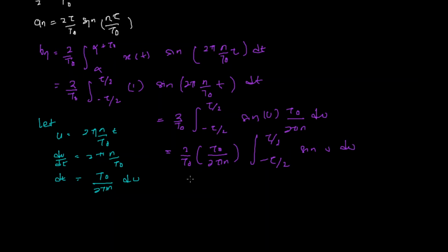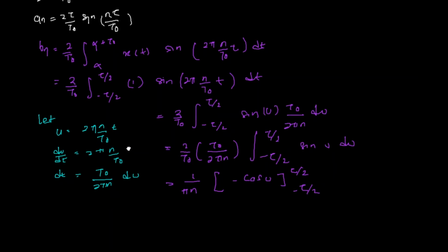Now you can solve this and also simplify whatever we can simplify, meaning we can cancel the t0 and 2, so we're going to get something like 1 over pi n. When we solve this we get negative cos u, from negative tau over 2 to tau over 2. Bear in mind that when you substitute this value in, you have to substitute back your u in the form of time.